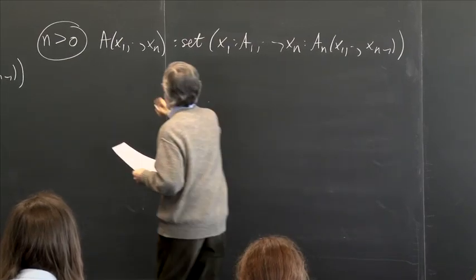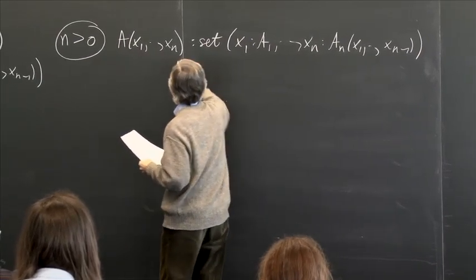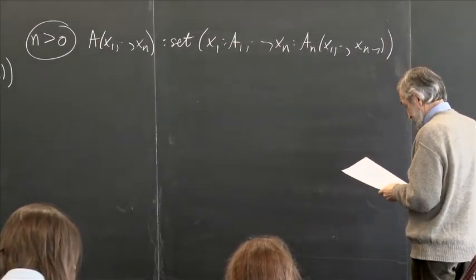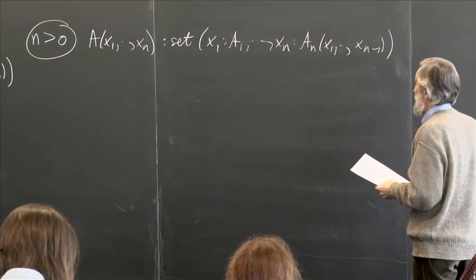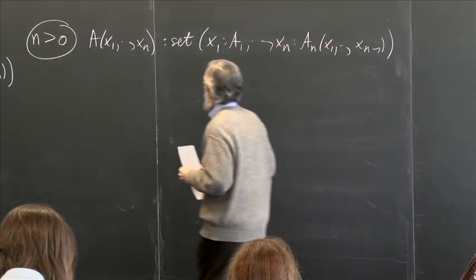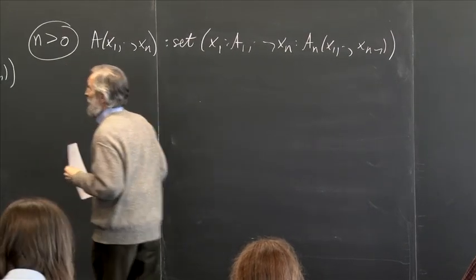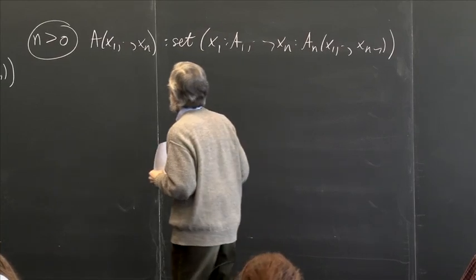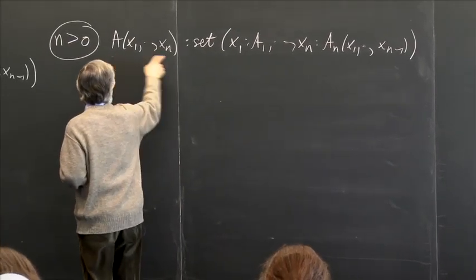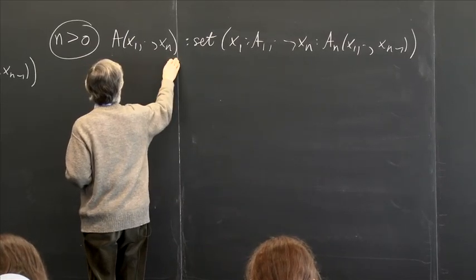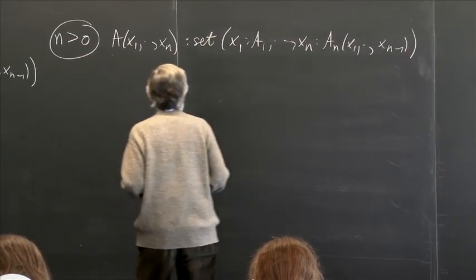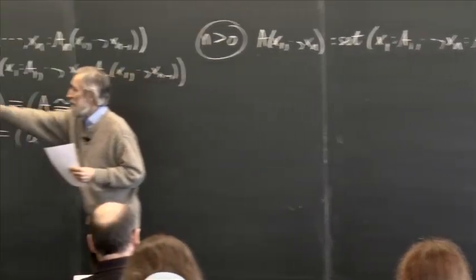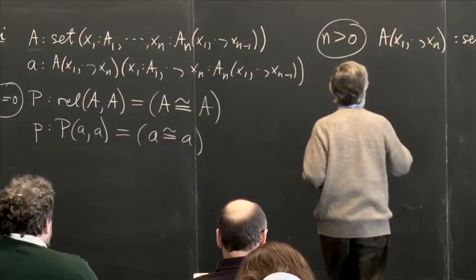So what does it mean for capital A here, which now may depend on the variables x1 up to xn, to be relation invariant? Well, I think the most intuitive way of arriving at the correct definition is to first write down what it naturally means for this to be extensional, since relation invariance and extensionality will come to the same thing.